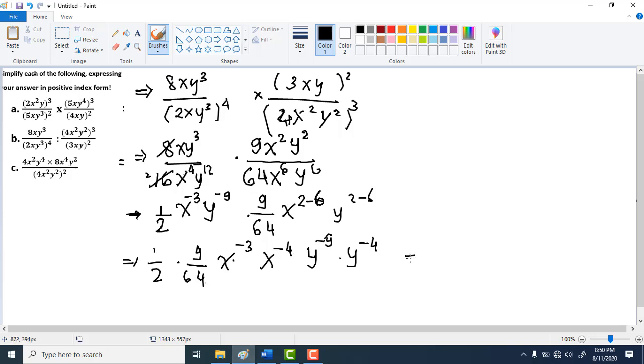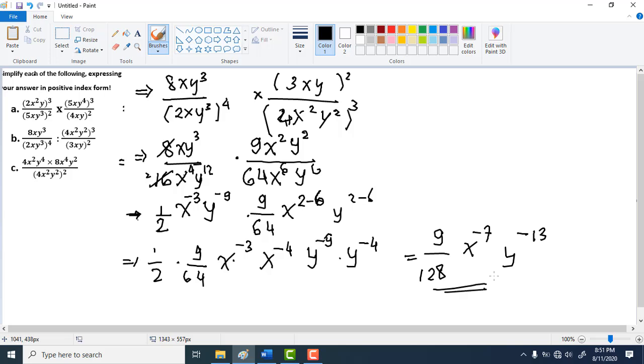So the result becomes 1 times 9, 9 over 128, is that right? x to the power of minus 3 minus 4, the multiplication becomes addition, minus 7, y minus 9 minus 4, minus 13, okay.